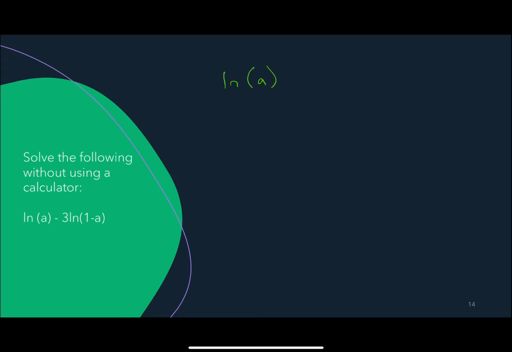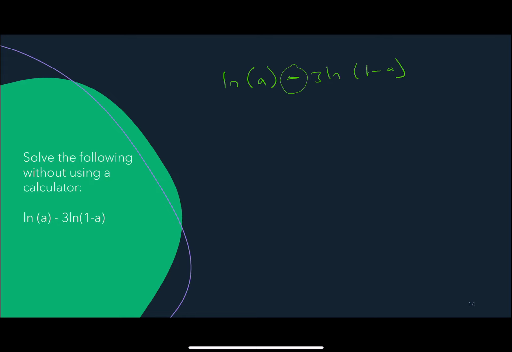Okay, so let's look at this example. You have ln, and just to remind you, this is the log to the base of e. So here it says minus 3 ln of 1 minus a. In this case, what we have is division, because we said before you could change the subtraction to division and vice versa.